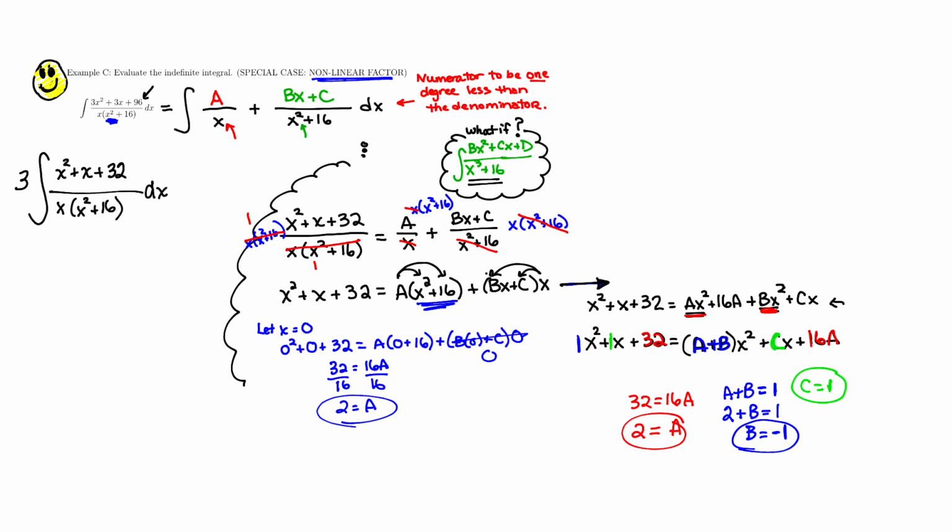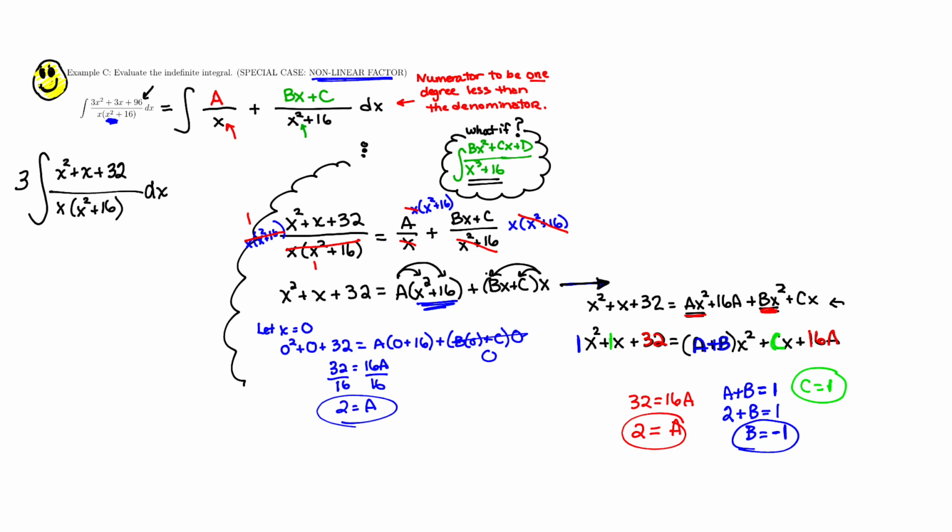Which means whatever's in front has to be equal. There's an x over here and an x over here. I'm just going to focus on the coefficients and set those equal. And 32, which doesn't have any letters with it, has to equal this piece, which doesn't have any x with it. Neither of those pieces have x's, so I can equate those pieces.